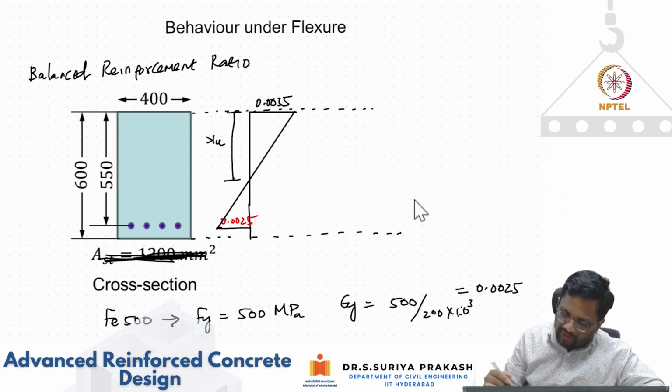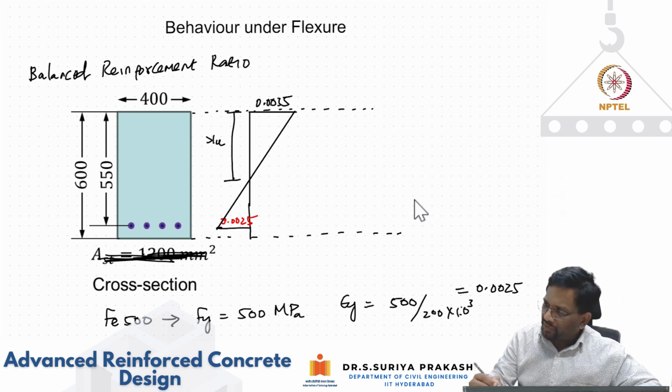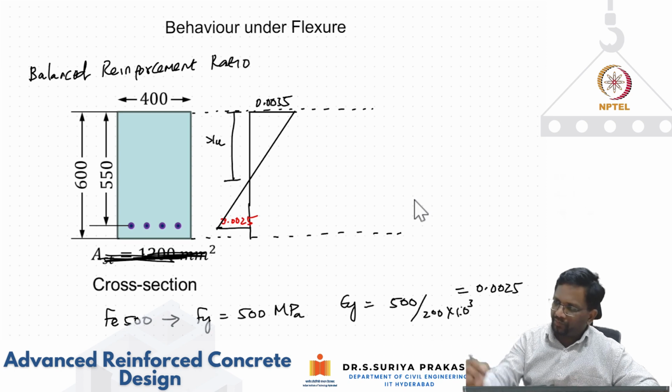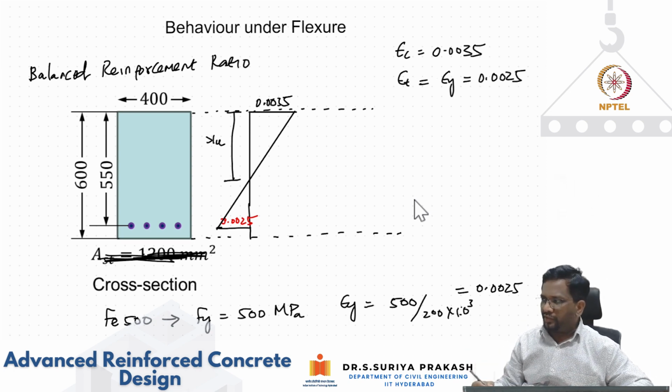This is the level of steel, at 550 mm from the topmost compression point. So epsilon c is taking a value of 0.0035 and epsilon t is reaching the yield value of 0.0025. So these two strains are fixed.